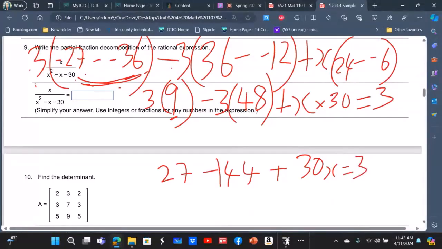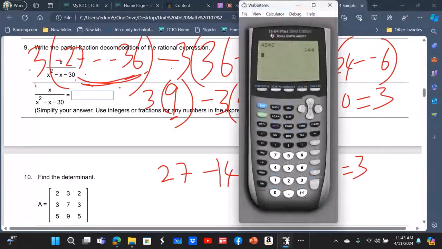Collect like terms together. So I'm going to say 144 plus 27. All right, so, okay, I'm going to say minus 27. I'm just going to do it the other way around. And I have 117, and it's negative.